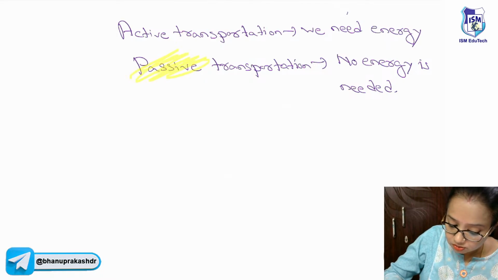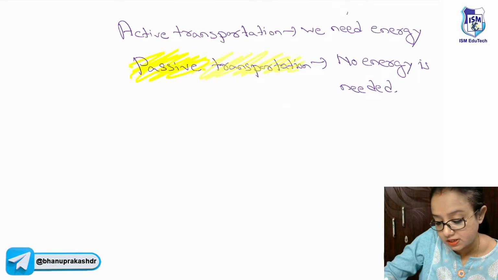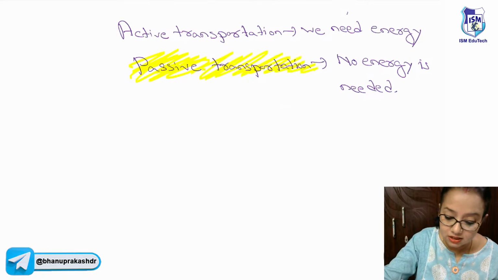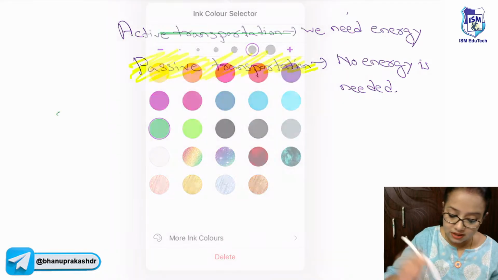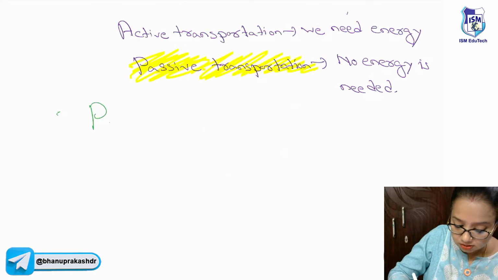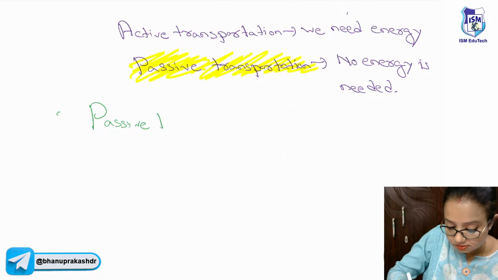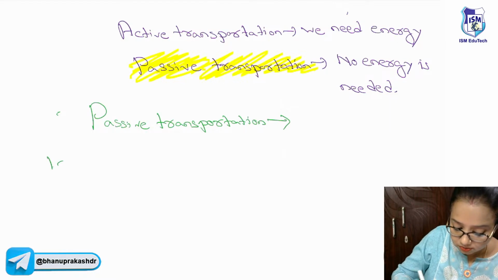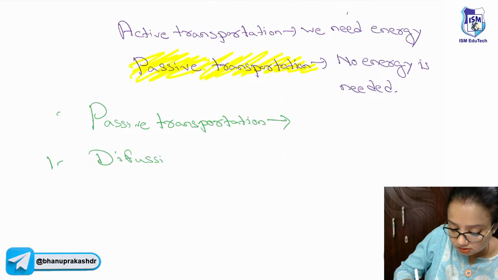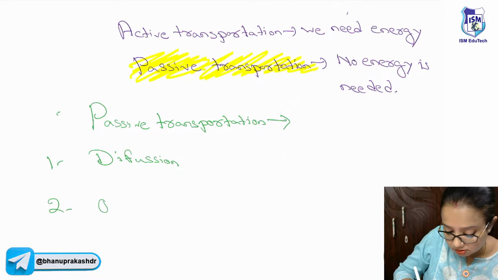In our interest of understanding the osmolarity and how it is impacted clinically, we have to go ahead with the passive mode of transportation. Okay. Now, passive transportation is of two types. First one is diffusion and second is osmosis.